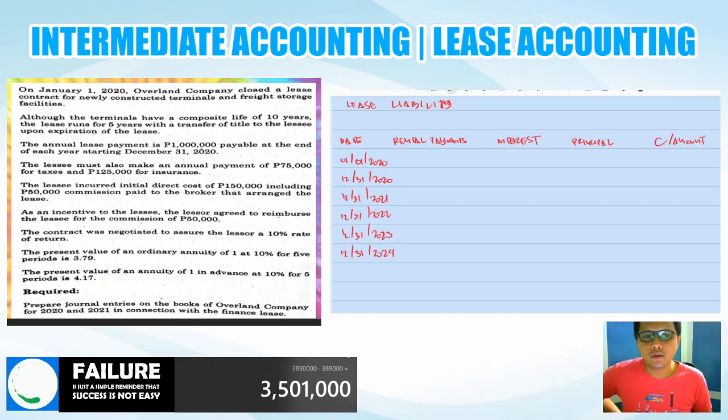Now, the rental payment here is 1 million every amortization schedule.